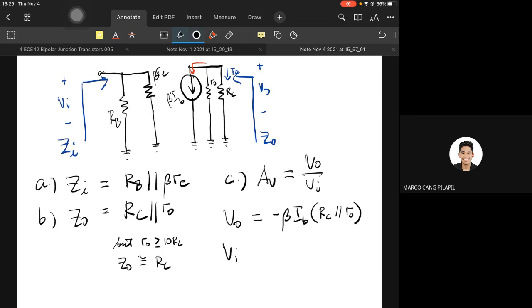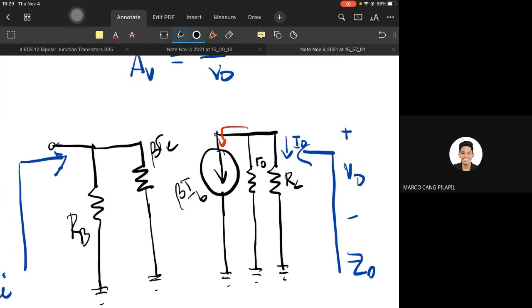For the voltage gain, it is not yet complete because we only have VO. So we just need to find an expression for IB and VI. The emitter is at ground, then the collector, then the base, then IB.